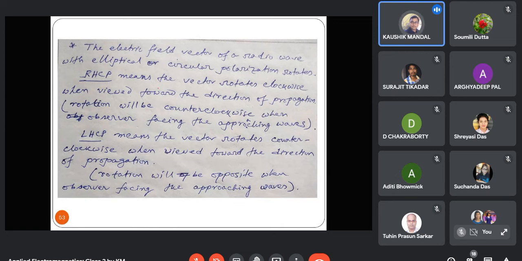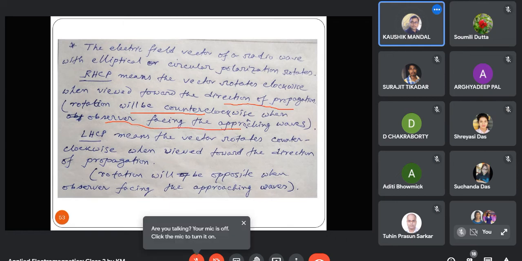You see that if you define the RHCP, it means that the vector rotates clockwise when viewed towards the direction of propagation. And the rotation will be counterclockwise when the observer is facing the approaching waves.